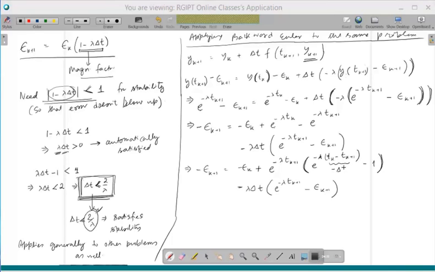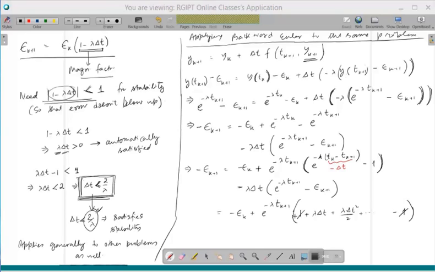This quantity is minus delta t. Because delta t is a positive number between t k plus 1 minus t k. So minus delta t, so this minus plus, okay, this becomes e raised to lambda delta t minus 1, and that would give me, I expand that, I get minus epsilon k plus e raised to minus lambda t k plus 1, and I have lambda delta t, e raised to lambda delta t is 1 plus lambda delta t plus lambda delta t square by 2, and this way, and then minus 1.